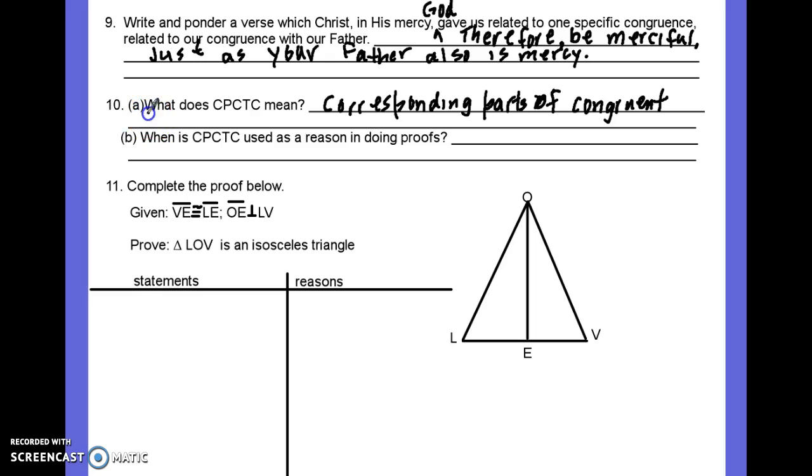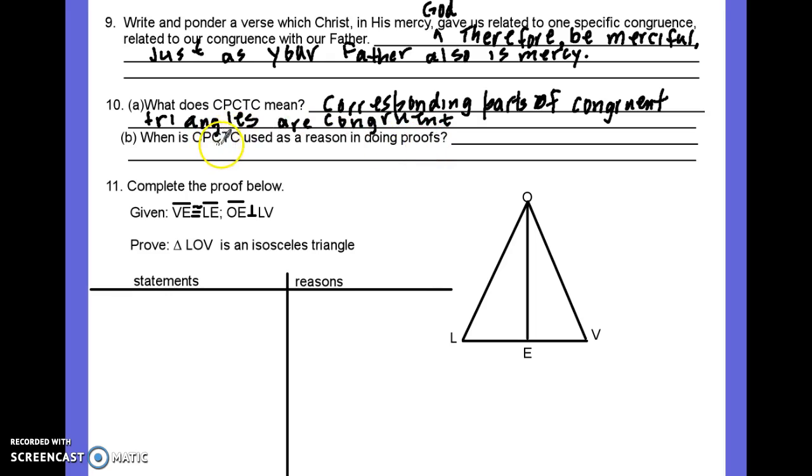I know some of you would be tempted to use this symbol here, but I'd like you to also learn to write the words out. Corresponding parts of congruent triangles are congruent. So that's what CPCTC means whenever you use it.